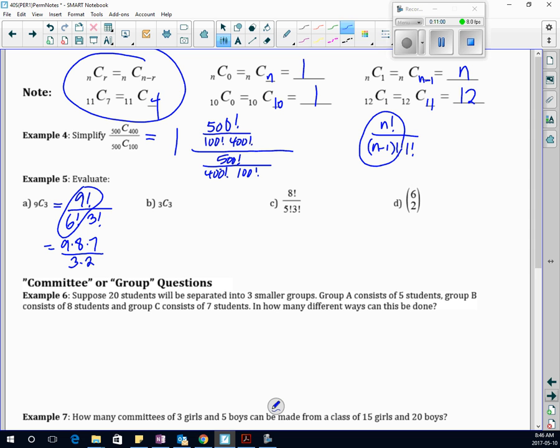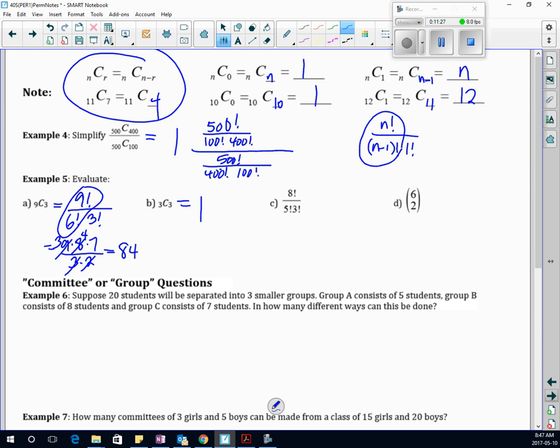And I could put a 1, but who cares, right? So 3 goes into 9 3 times, 2 goes into 8 4 times, and we have 12 times 7, or you could have 21 times 4, 84, yes? What's 3C3 equal to? That would be the same thing that was up here, right? 1. You don't have to figure it out.